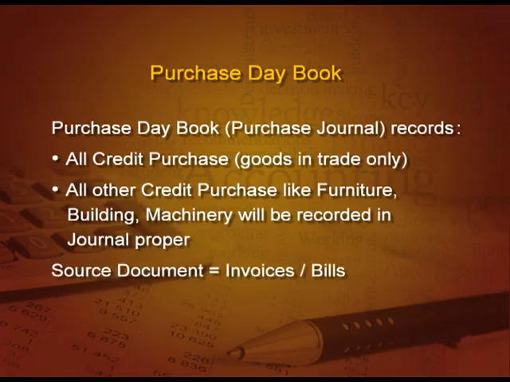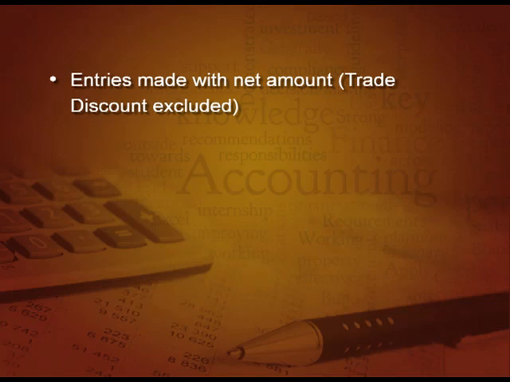Now, what are the source documents for all these transactions? Invoices and bills received by you. Entries are always made in the purchase book with the net amount. Please remember, net amount. Trade discount is excluded, subtracted from the main amount, and then the net amount is recorded in the purchase day book.